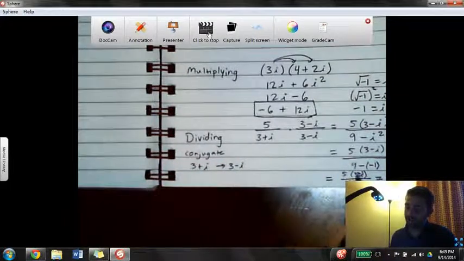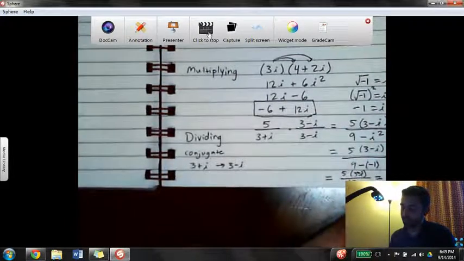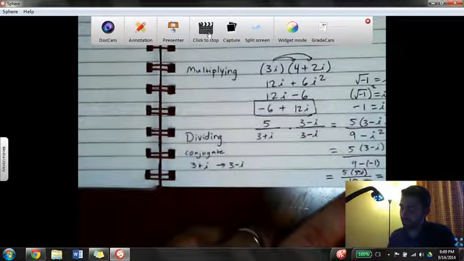The reason I did not distribute this 5 is because in the end we can simplify, and I'm left with 3 minus i divided by 2.